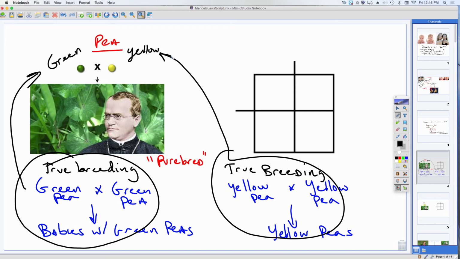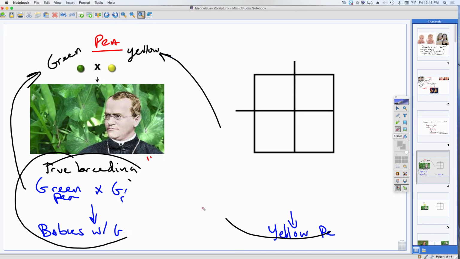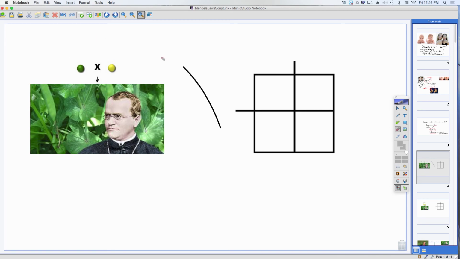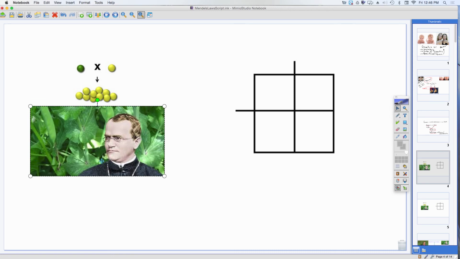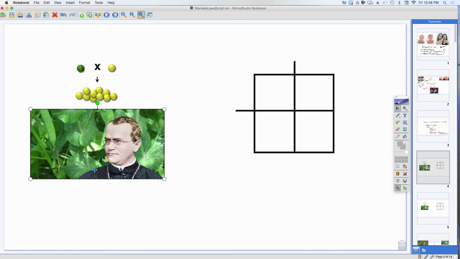So all of a sudden he's taking purebreds for different traits and he is going to cross them. So I'll give you a moment. What do you think he's going to get? Drum rolls, anyone? Well, it turned out that when he did this, all of the babies had yellow peas.